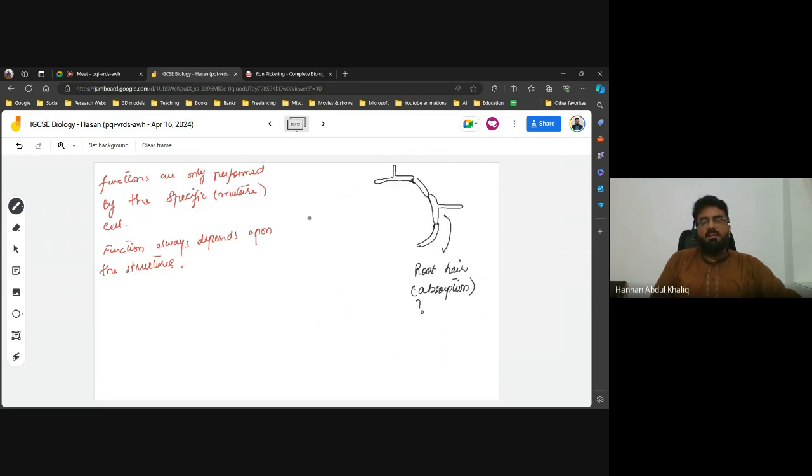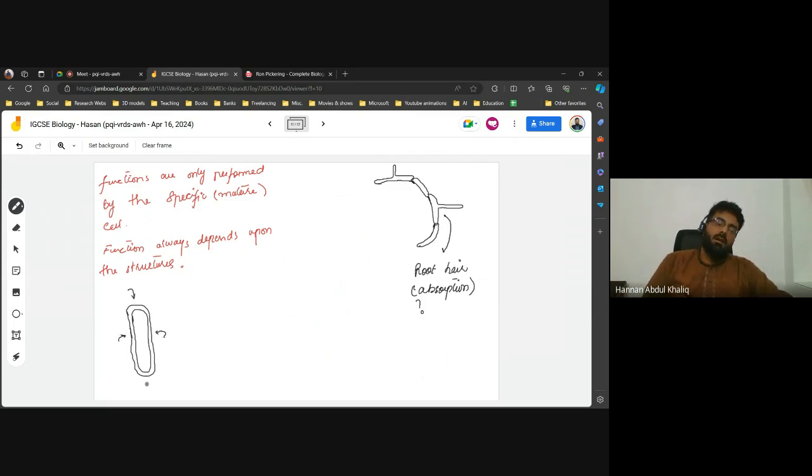We often see that a plant cell may look like this. But remember, if this cell is alone, now you need to listen very carefully, then it can absorb things from all the sides.